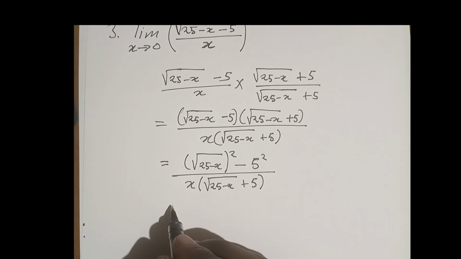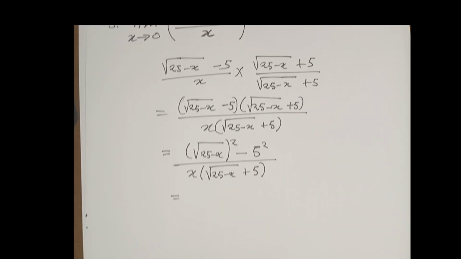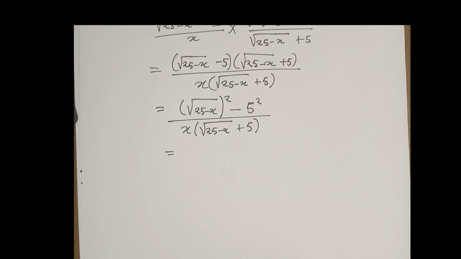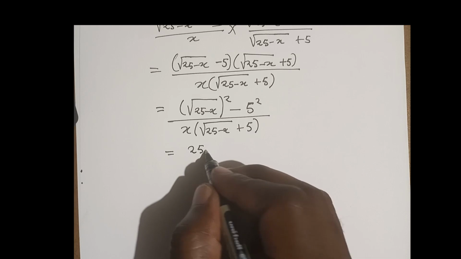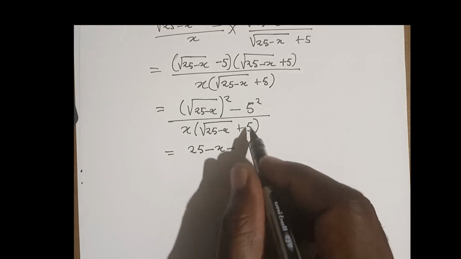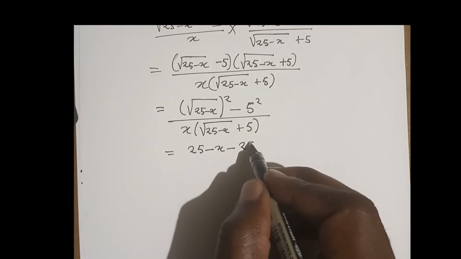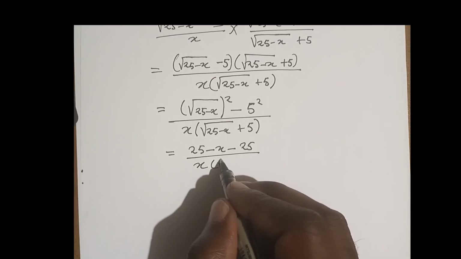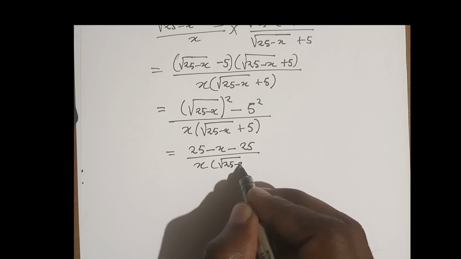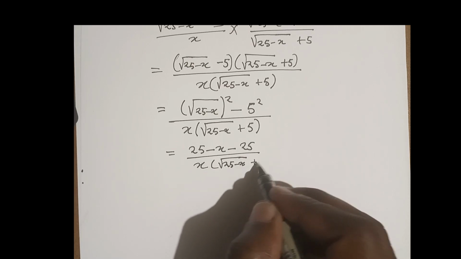Okay, then evaluating the numerator, what do you get? This will be just 25 minus x minus 5 squared, which is 25, over x times (square root of 25 minus x plus 5).